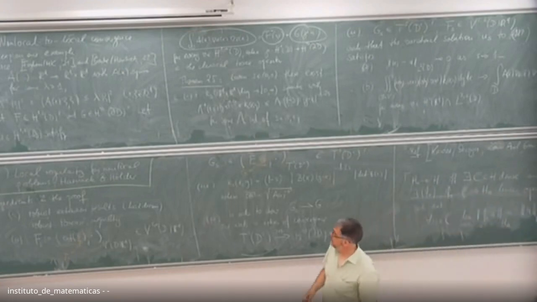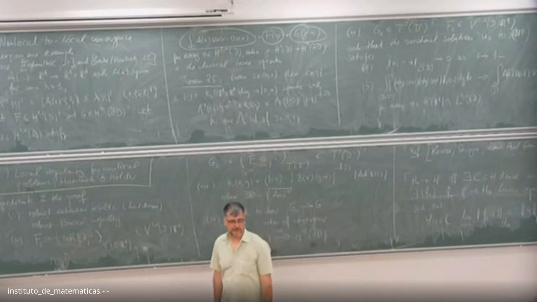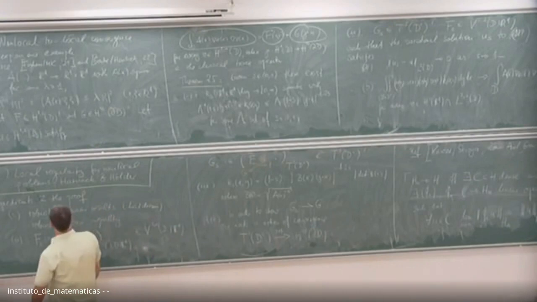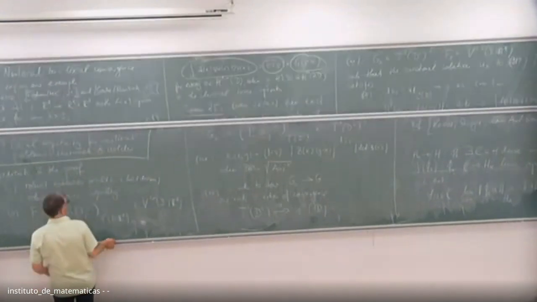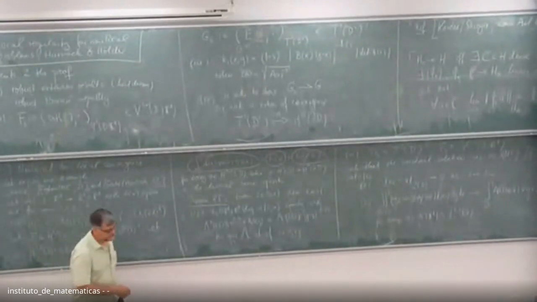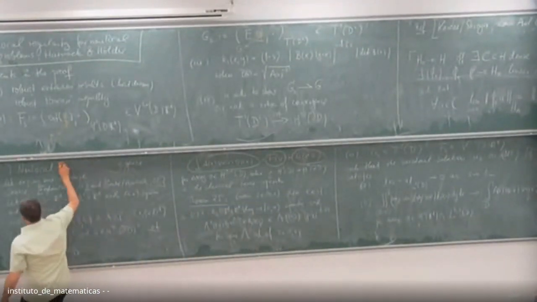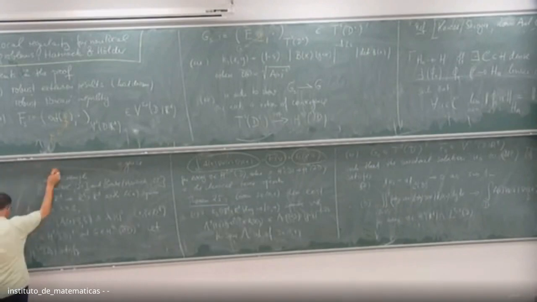That was chapter 5, as you requested. Okay, it took 20 minutes, so I have now 40 minutes left. Okay, so chapter 6. I will not repeat the title, it's already there on the blackboard.